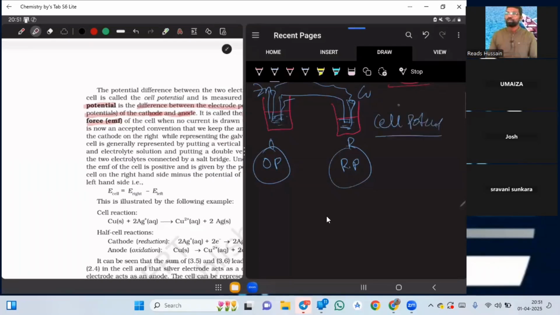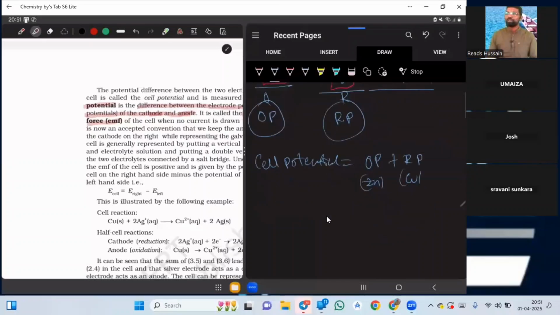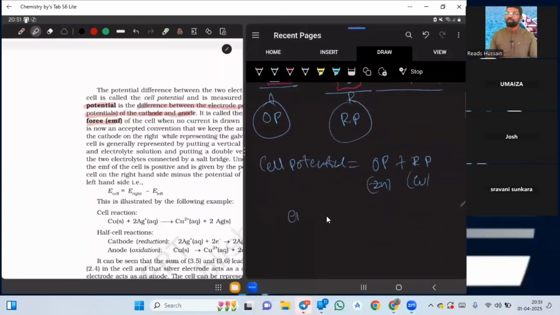Now this cell consists of two half cells. This is one half cell. Copper is another half cell. Two half cells are there. Now if you want to know the cell potential, it is equal to oxidation potential plus reduction potential. Oxidation potential of zinc, reduction potential of copper. This is the simple formula. So you can note down the EMF of this cell. EMF of this cell is equal to oxidation potential of zinc plus reduction potential of copper.